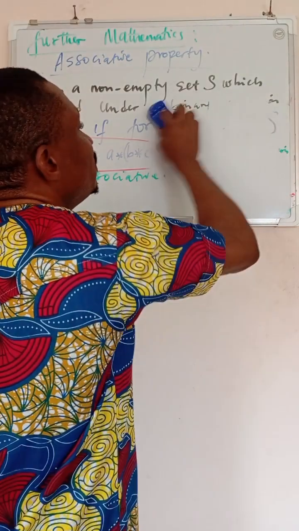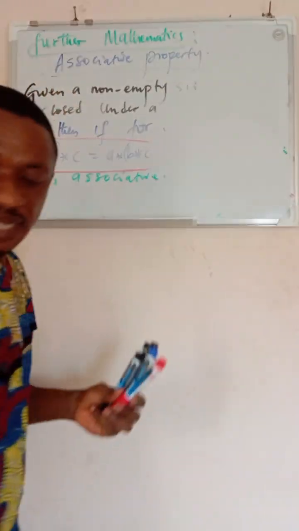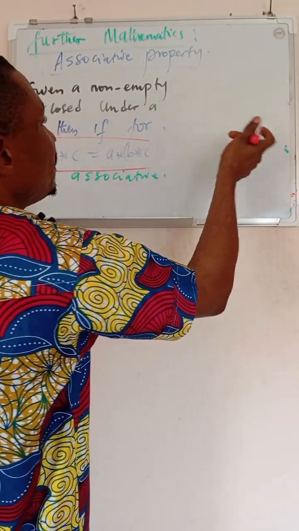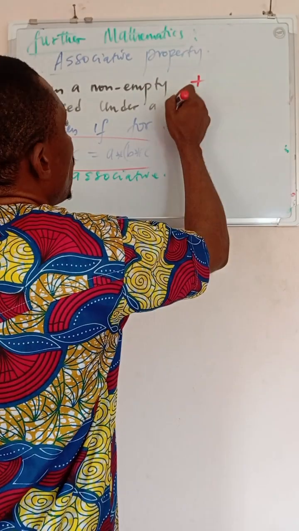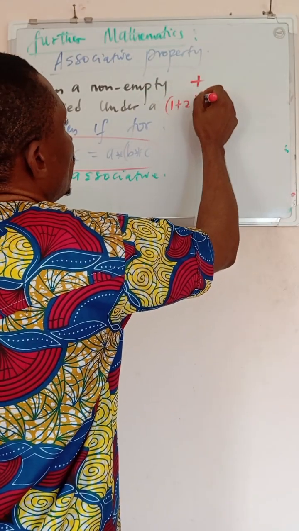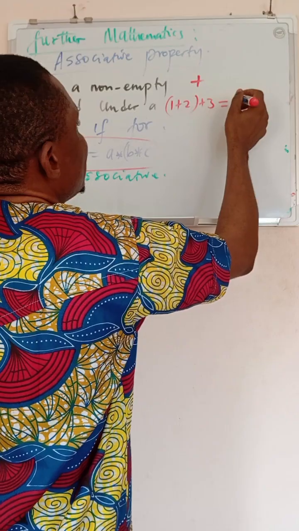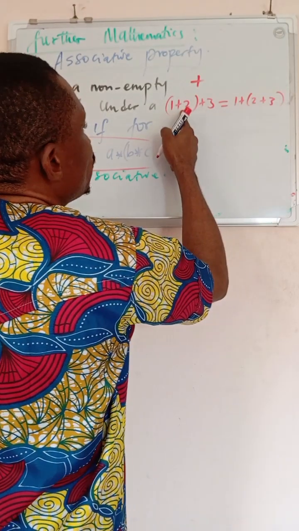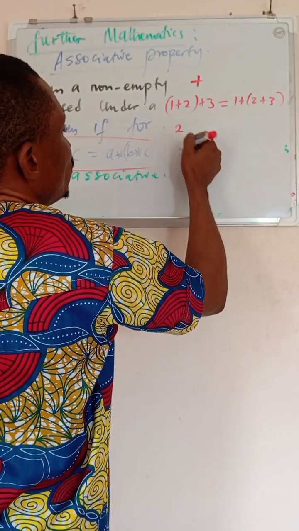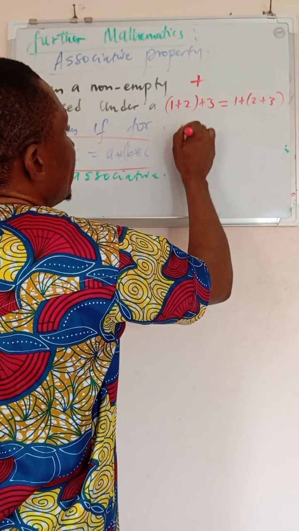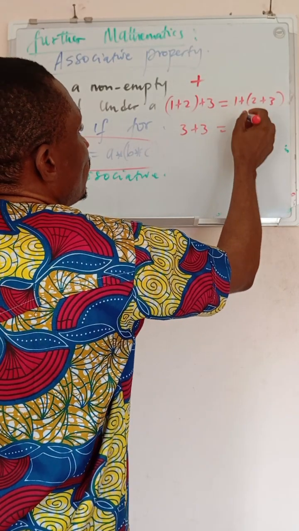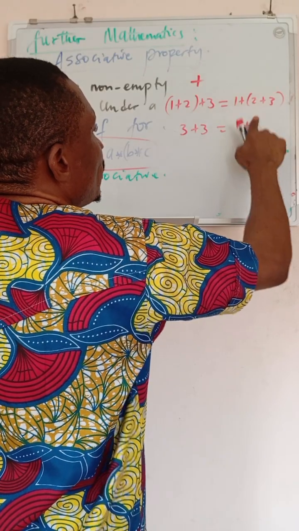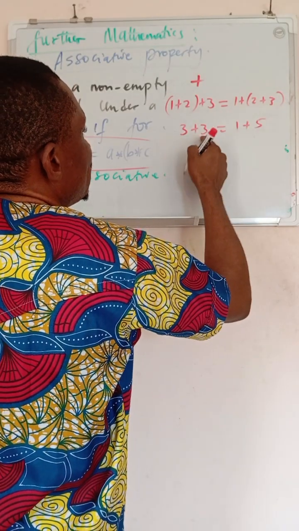Now let me give you something like addition. Let's check if addition is associative: (1 plus 2) plus 3, is it equal to 1 plus (2 plus 3)? 1 plus 2 is 3, 3 plus 3 is 6.